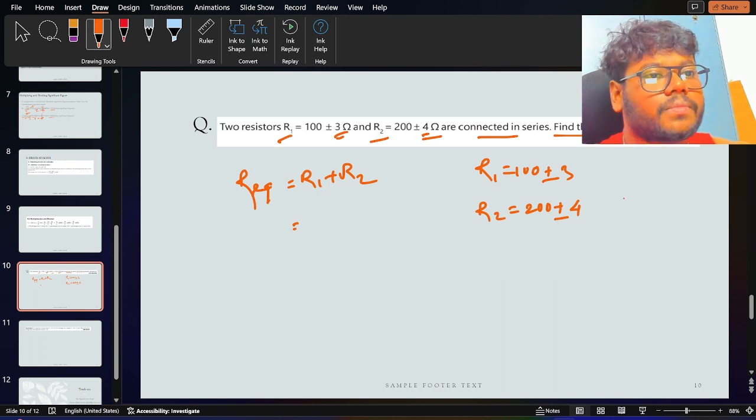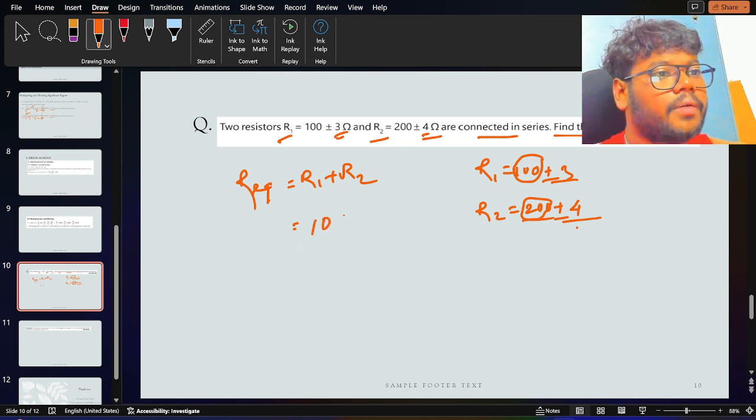Now, these are the small errors, and our basic quantity is this. We'll simply add these two basic quantities, which gives 300 ohm.